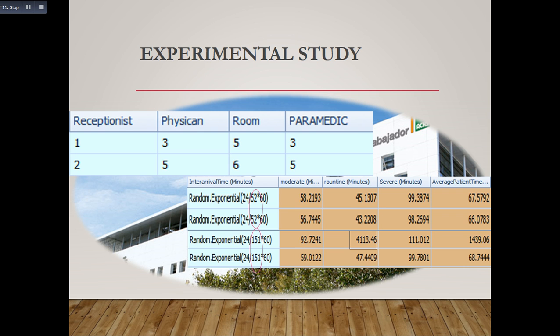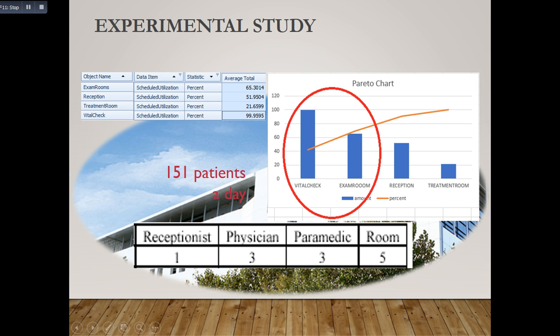Then I wanted to go further and figure out why the routine patients have such a large number. So I ran this on the CMO model, got these values, and ran the parallel chart in Excel, which gives me this chart. Here we can see the significant ones.